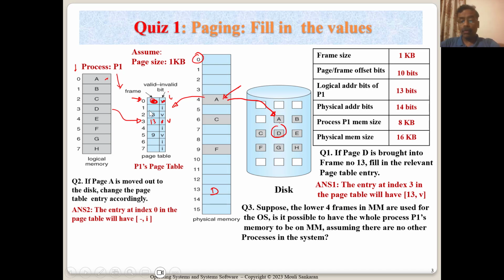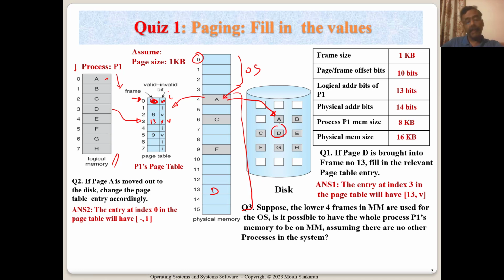Suppose the lower 4 frames are used for the OS, and then can the entire process P1 be accommodated within the memory? Yes, if I take away 4, 12 frames are there, but my process needs only 8 frames, and I am assuming that no other process is there except the OS, and the OS is happy with the 4 frames.